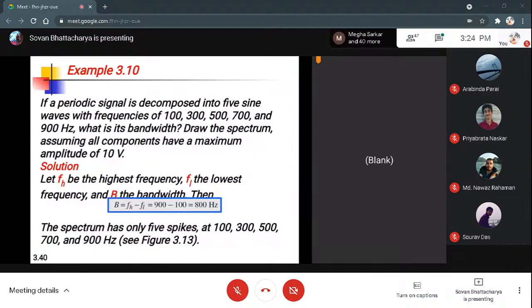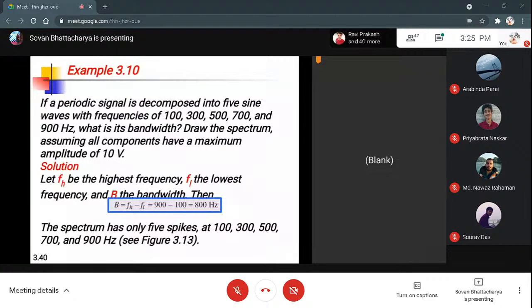Now this is another problem. If a periodic signal is decomposed into 5 sine waves with frequencies 100, 300, 500, 700 and 900, what is the bandwidth? And draw the spectrum. Assume all the components have a maximum amplitude of 100 volts.